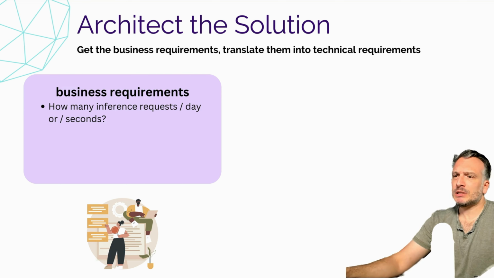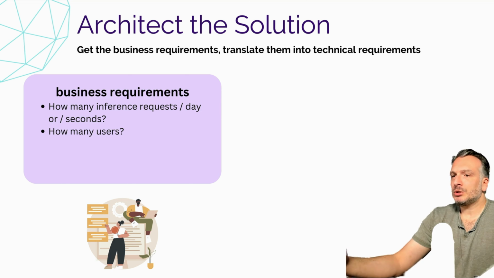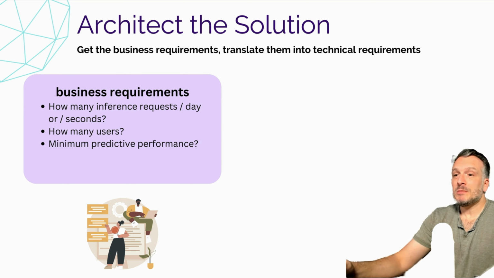A typical business requirement is, for example, how many inference requests per day or per second you need, how many users you will have per day, what minimum predictive performance you need to actually make it a viable product, what is the acceptable latency of your product, etc. Those are business requirements that got acquired by, let's say, your product managers. And this needs to be translated into technical requirements.